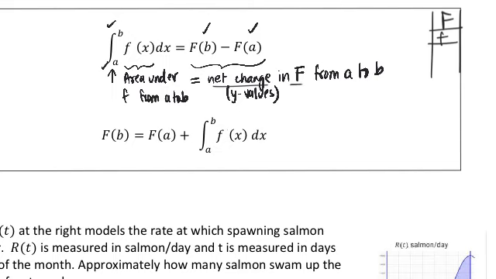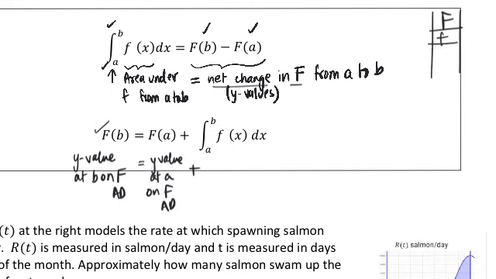Okay. Now, we can rearrange this equation, just add f of a to both sides, and then you get that F of b, so this is the y value at b on the big F graph, the antiderivative graph, is equal to the y value at a on the big F or antiderivative graph plus the area under the derivative graph from a to b.